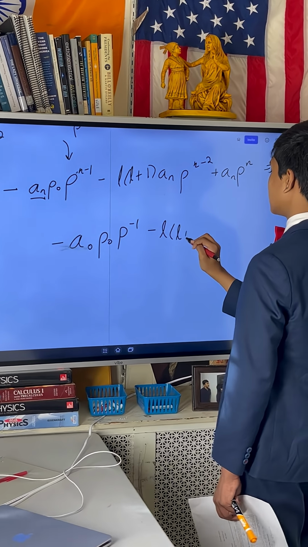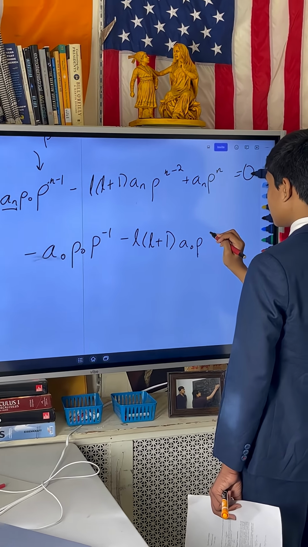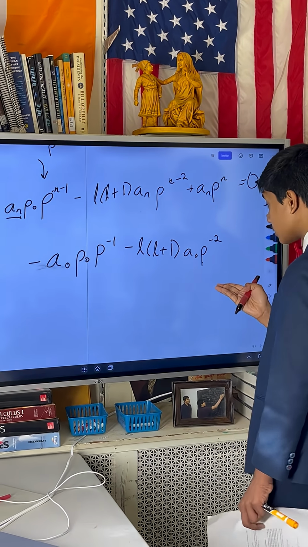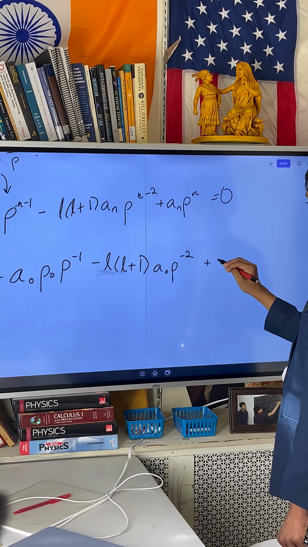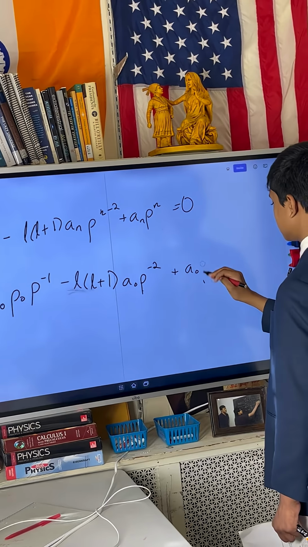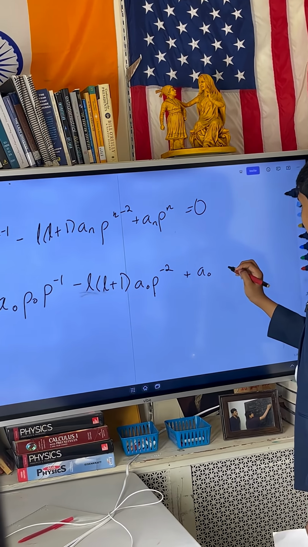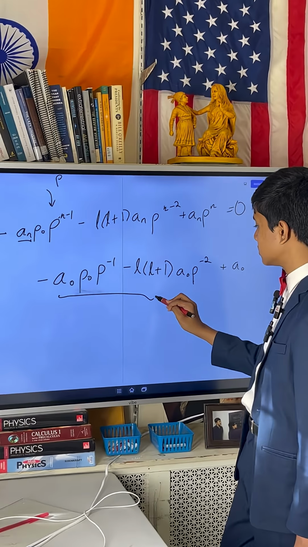Minus L times L plus 1, A naught rho to the minus 2, plus A naught, well, there is no rho, rho to the 0 is 1. That is the term for n equals 0.